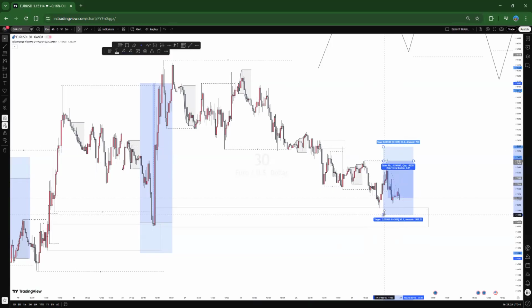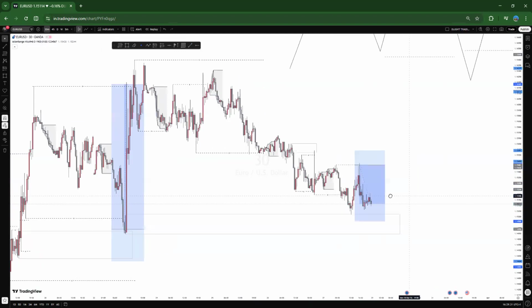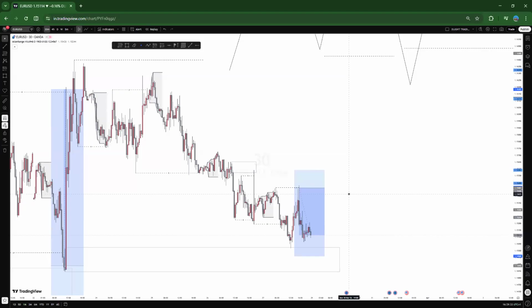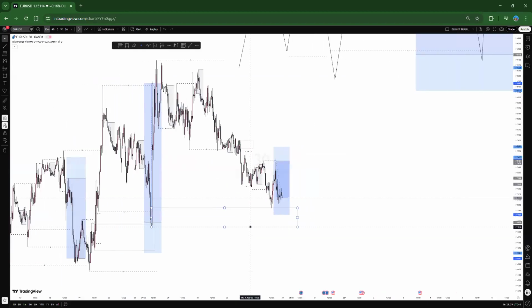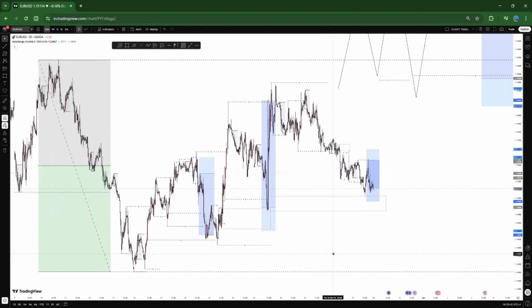My targets will be here, a little bit here, for 50 pips. By Monday, or latest this Sunday by 10:30, I'll be expecting this TP to be hit on EUR/USD.